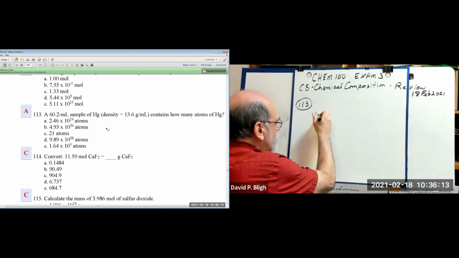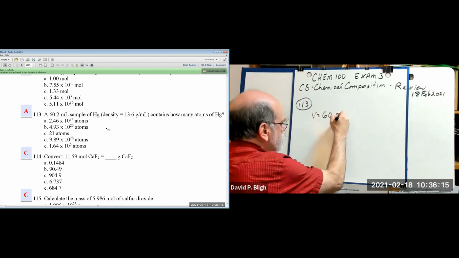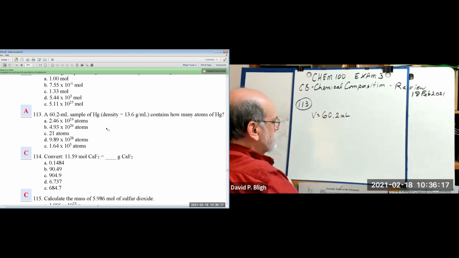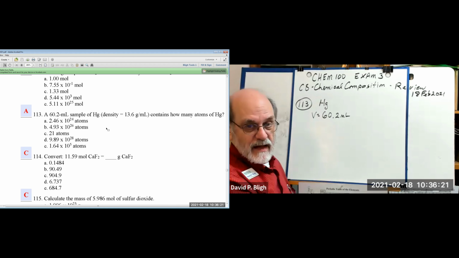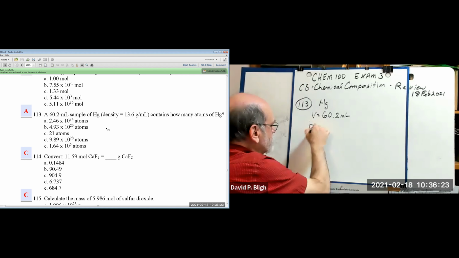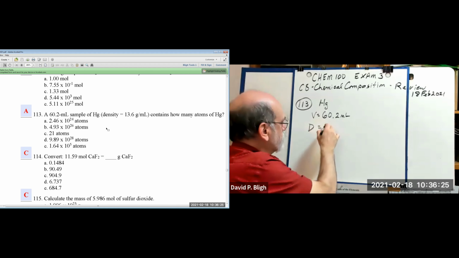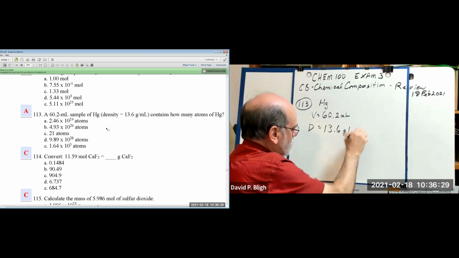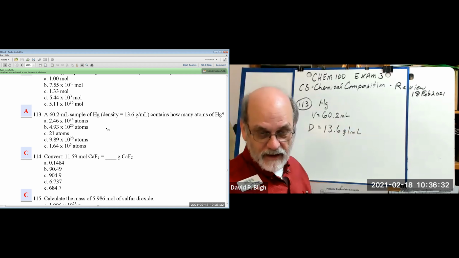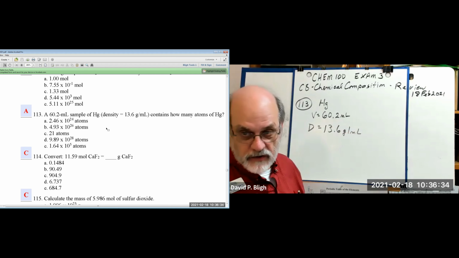So the volume is 60.2 milliliters of mercury. And the density of mercury is 13.6 grams per milliliter. How many atoms of mercury do you have?